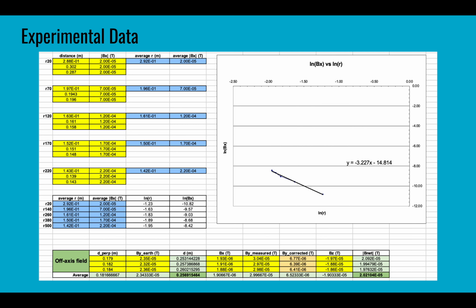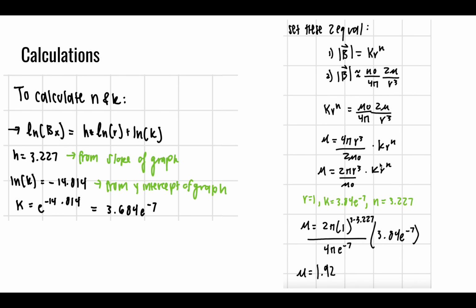So what we're looking at here is the experimental data gathered after doing all of those steps just shown in the previous slide. I want to point out here that the distance is 0.2569, and this is our graph with this equation here. Next we had to perform some calculations in order to fit our formulas.